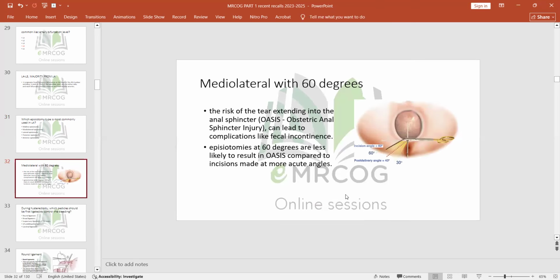Why 60 degrees? Because when you do it at 60 degrees, you are going to achieve a 40 degree angle postpartum. If you do it at 40 degrees, you are going to get something between 30 degrees or maybe less postpartum after the involution of the tissues.